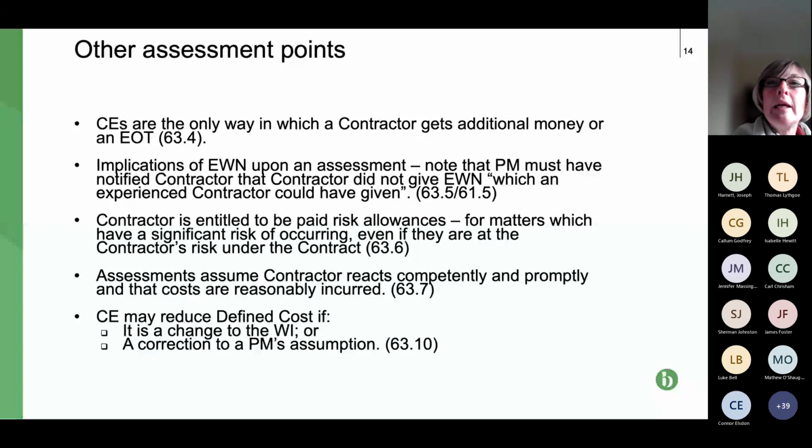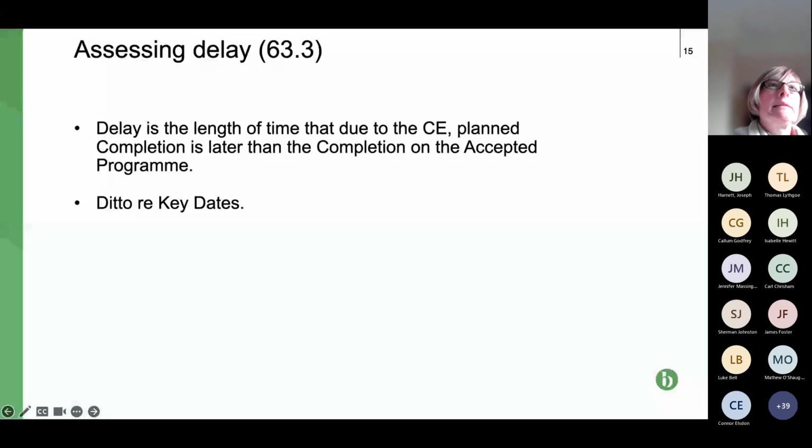So it's to regulate what the contractor's entitled to claim, and ditto with materials, they can't necessarily go to the most expensive supplier. So if we can move on to the next slide, please.